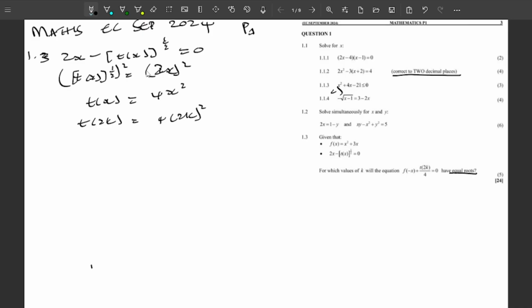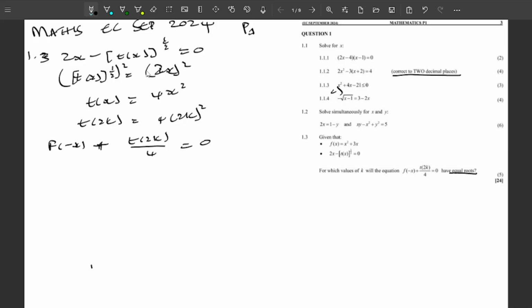Right? Now after this, we are then going to look at this equation here and say f of minus x plus t of 2k over 4 is equals to 0. Right? And from there on, we're going to do some basic math by taking the x squared plus 3x.